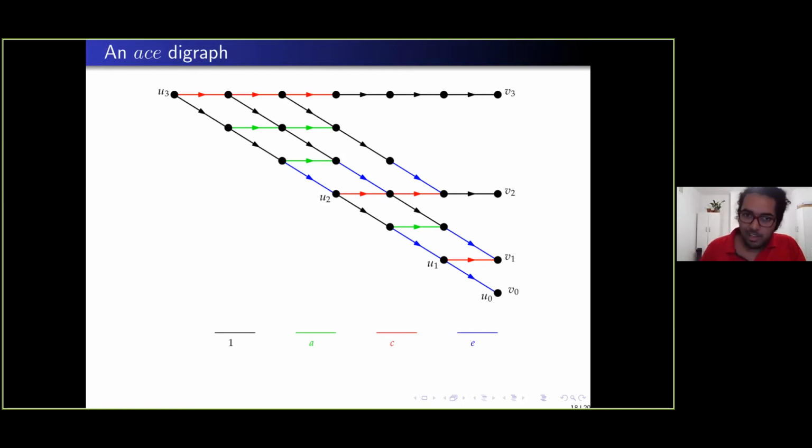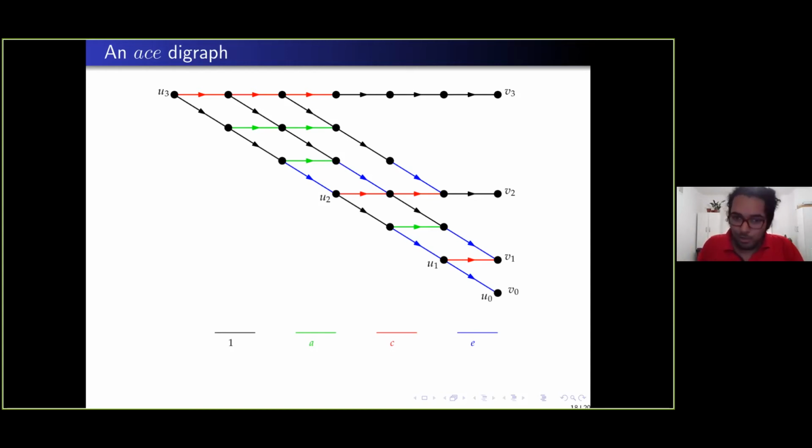The way we have oriented the edges, going down or to the right, gives a planar digraph, and it ensures that what we get from the LGV lemma are not signed sums, but actually just sums. So there are no negative signs.